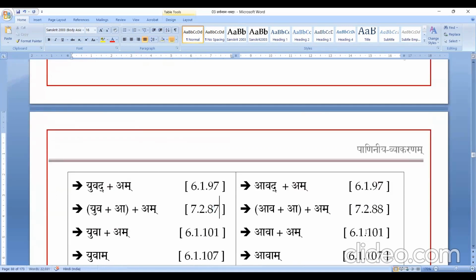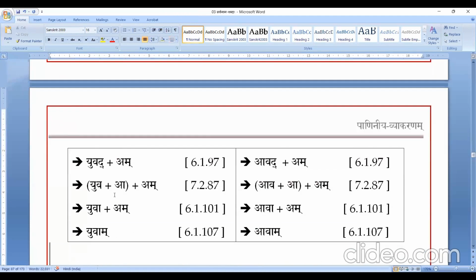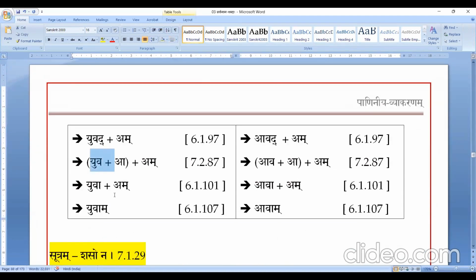7.2.87, Dvitiya Yascha. For the second case, when the Dvitiya Vibhakti Pratyaya follows, Atva Adesha, akara adesha bhavati. So Antyasya Alah stane, akara adesha. Therefore we can do Akah savarne dirgha, therefore Yuva and Yuva plus Yuva.